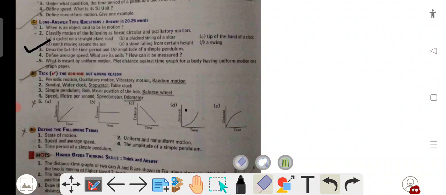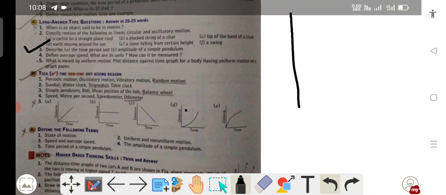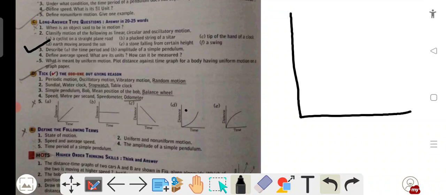So plot a distance against time graph for a body having uniform motion on a graph paper. What is the distance time graph? This is the x-axis, this is the y-axis.